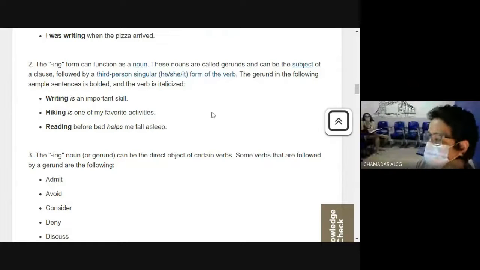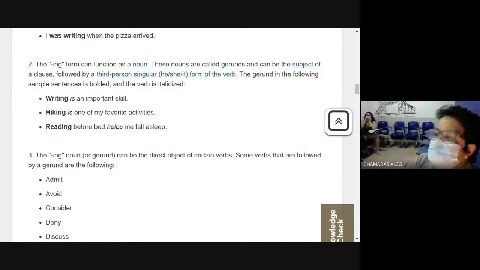Okay. Writing is an important skill. Writing is one of my favorite activities. Reading before bed helps me fall asleep. Great, thank you. So as you noticed, we are using verbs as subjects, right?